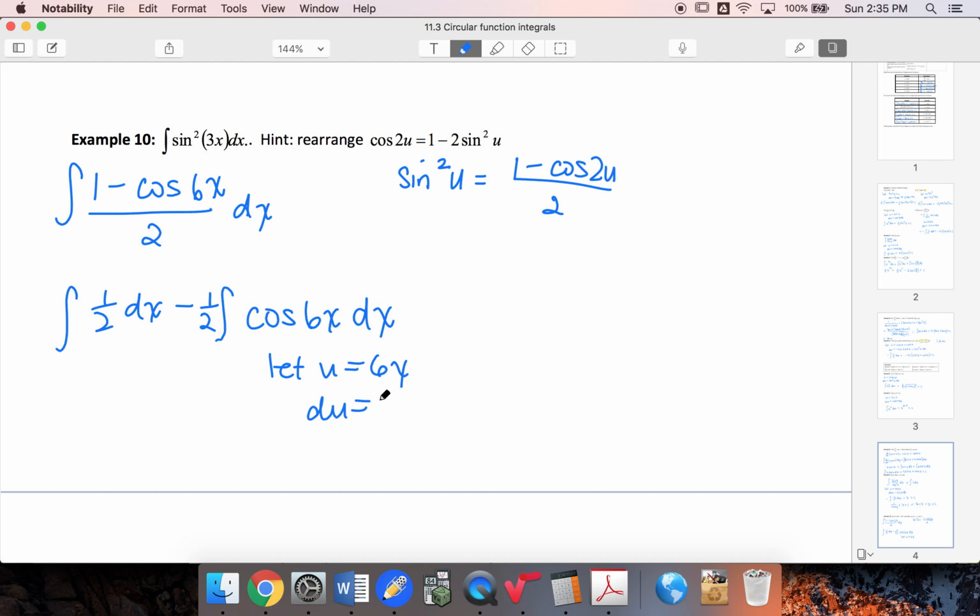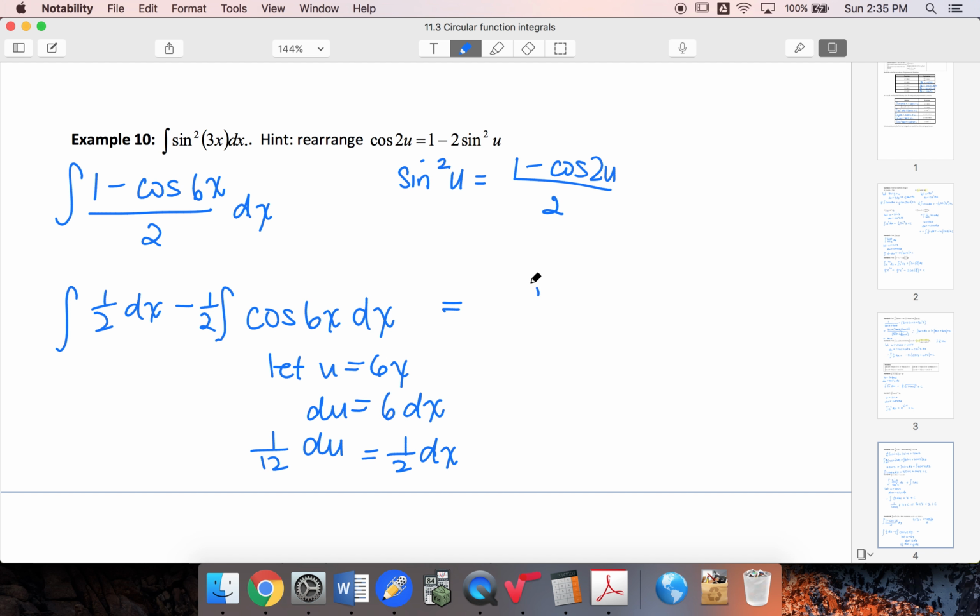And now I can let my u be 6x. Then du will just be 6 dx. So I've got a half dx, so I can see that 1/12 du is the same as a half dx. So I'll go ahead and substitute for my half dx.